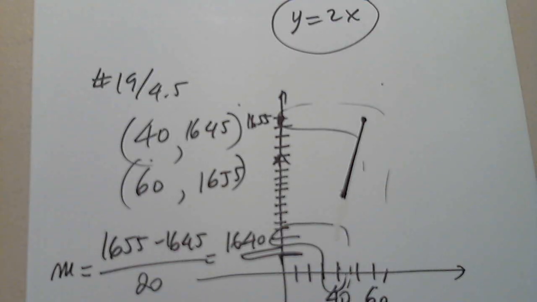Okay. So 2, 4, 6, 8. 2, 4. Okay, so this appears to be maybe 50.